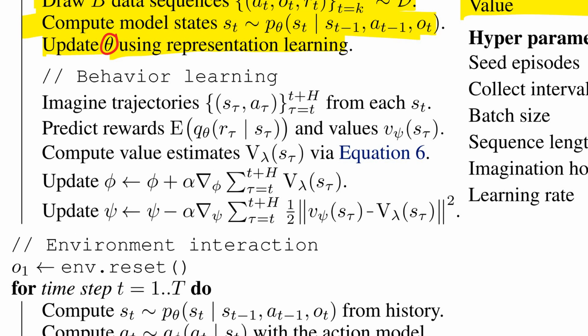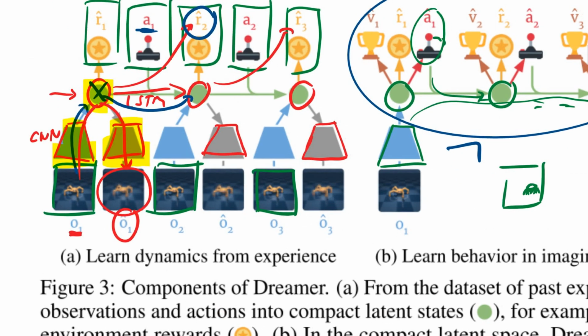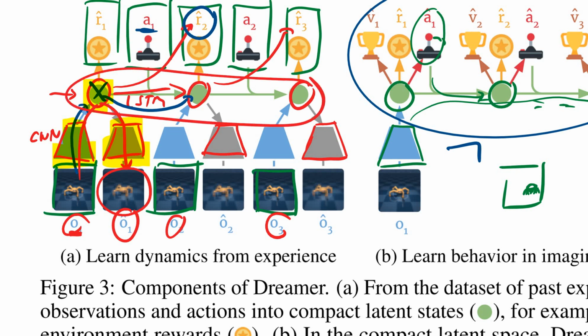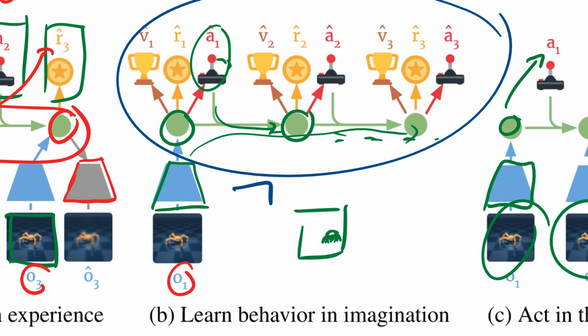So in the behavior learning, what they say is imagine trajectories from each of the states that you have. So what you're going to do is, from each of the observations here, you're going to obtain the hidden states, right? Now, from each of the hidden states here, so here is an observation.